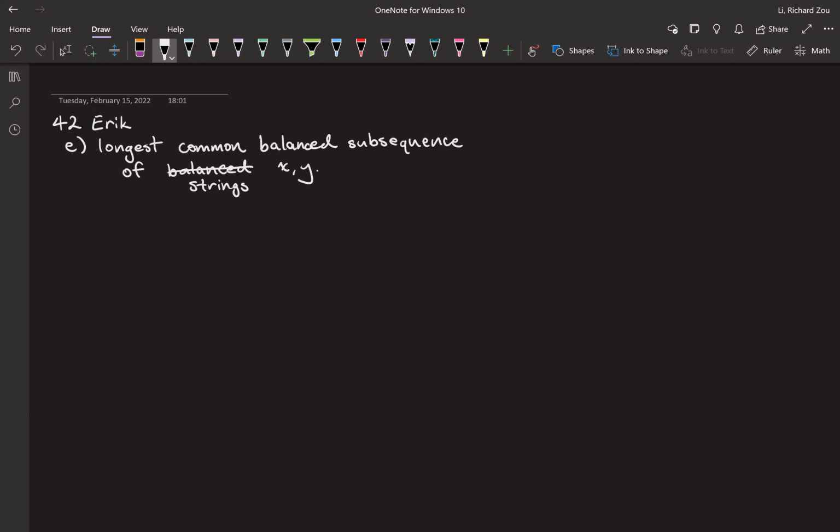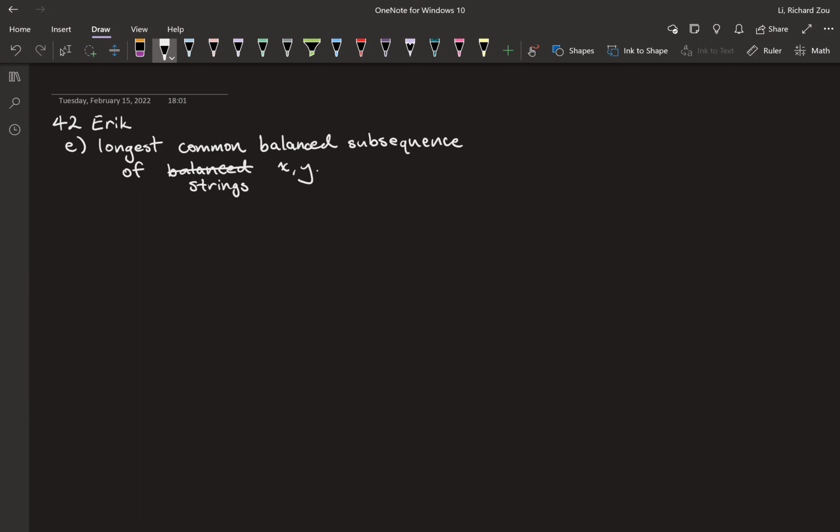So my initial thought here is to use DP in this case and adapt the longest common subsequence algorithm, except with an additional DP state keeping track of the state of the stack.